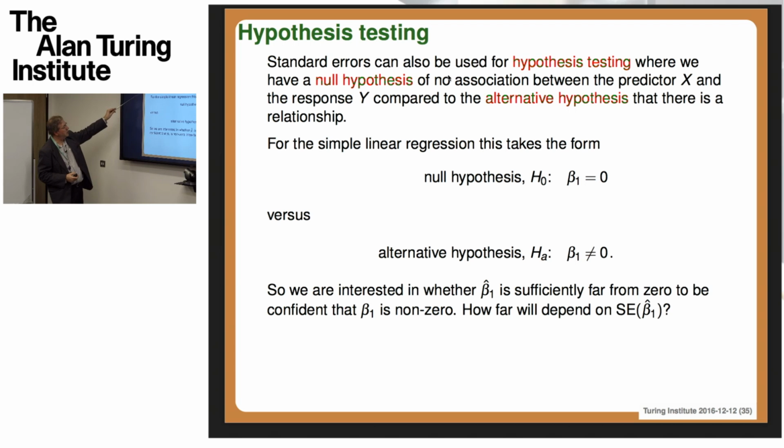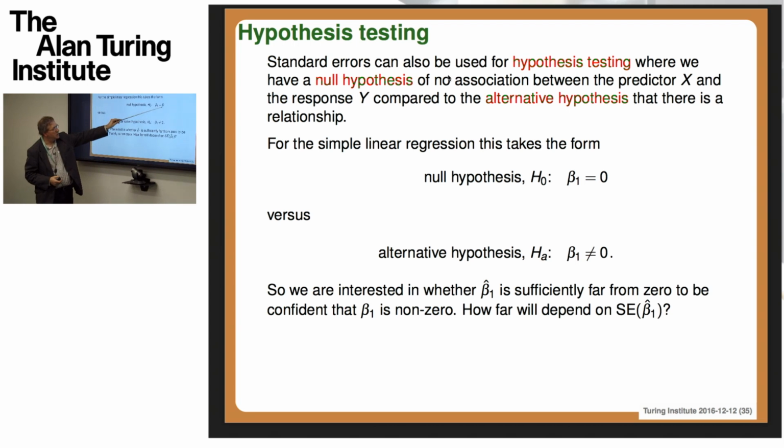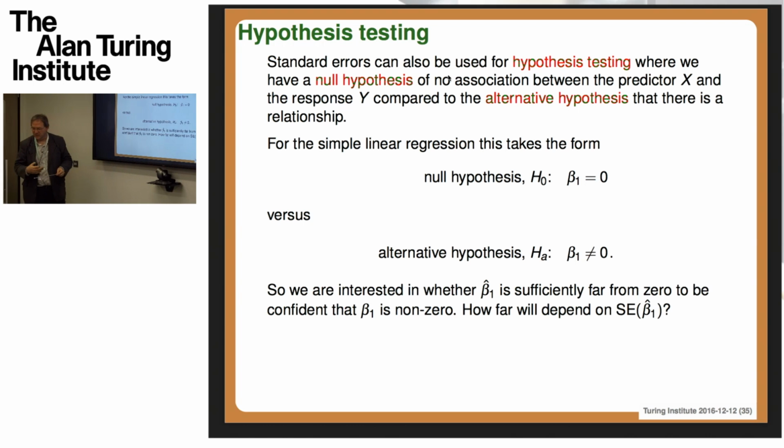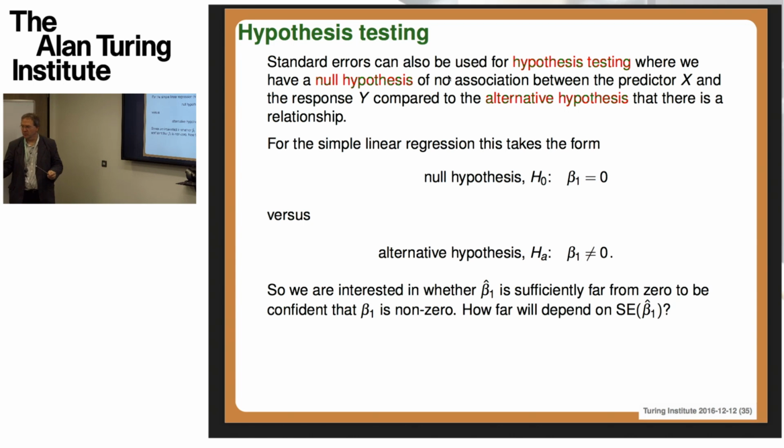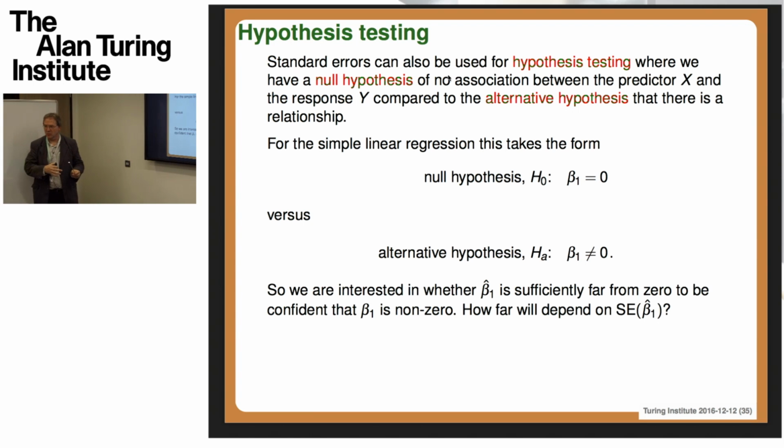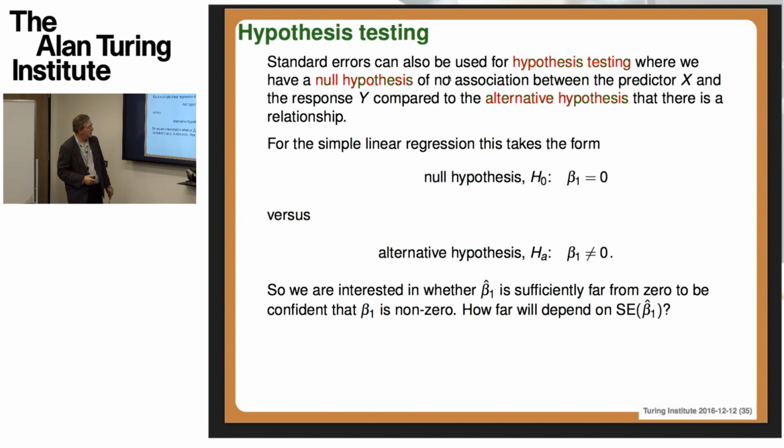Suppose the null hypothesis is that our slope beta 1 is 0, so there would be effectively no association between the predictor x1 and the response variable y. Alternatively, beta 1 is non-zero. So we're interested in whether beta 1 hat is sufficiently far away from 0 for us to reject the null hypothesis and perhaps accept this alternative.